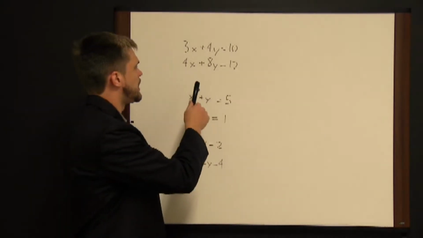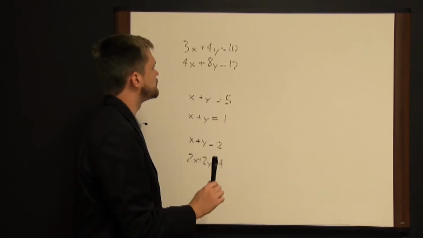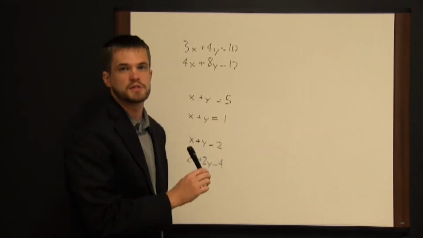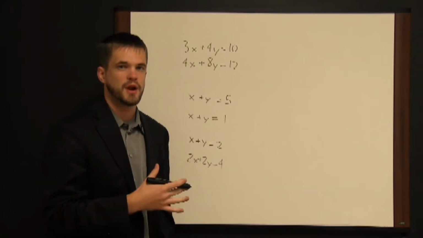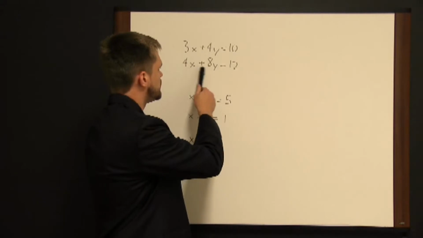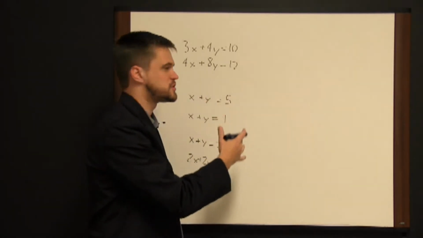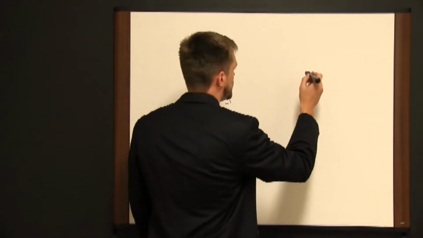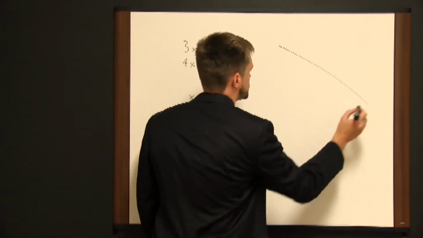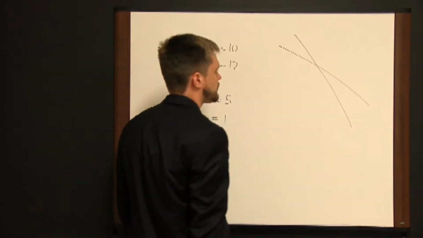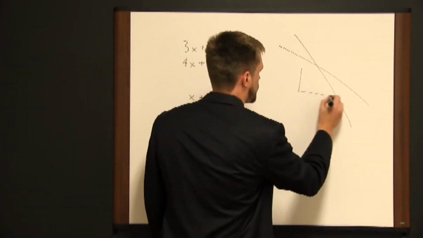One way to think about solving systems of equations, at least linear equations like this, is to think about it graphically. The definition of what we're looking for here can be shown very easily on a graph. Let's say that this first line, the graph looks like this, and this second line, the graph looks like this. And we have some x and y axis here.